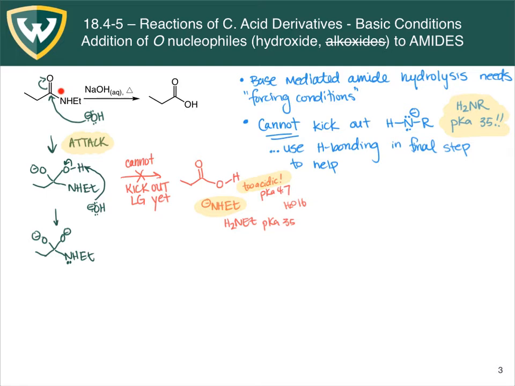Remember up here, the lone pair is in resonance with the carbonyl, so it's not available to be protonated. But here, this lone pair can interact with a proton donor. Of course, we don't have a good proton donor, but we do have a hydrogen bond donor, which is water. And so what will happen is you start by forming a hydrogen bonding interaction in this intermediate.